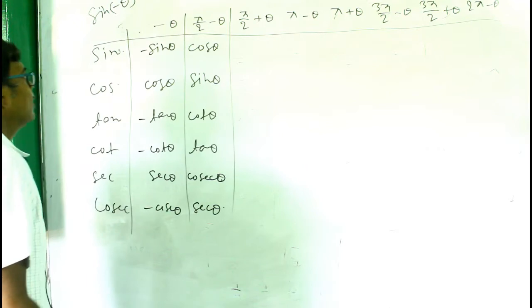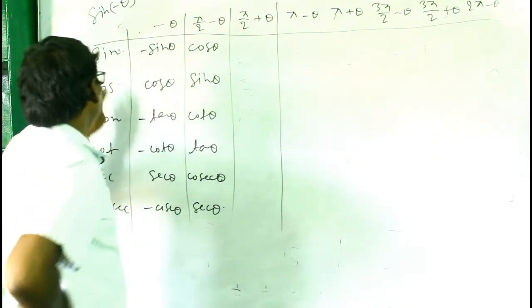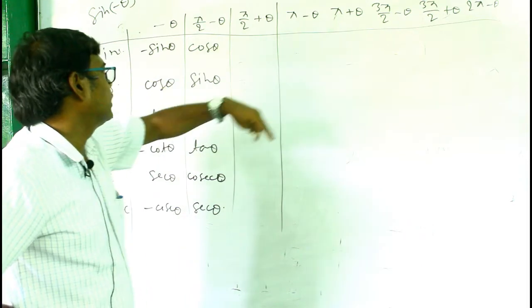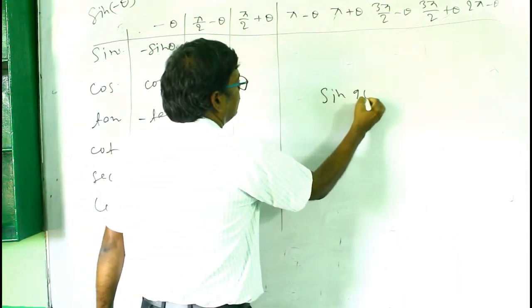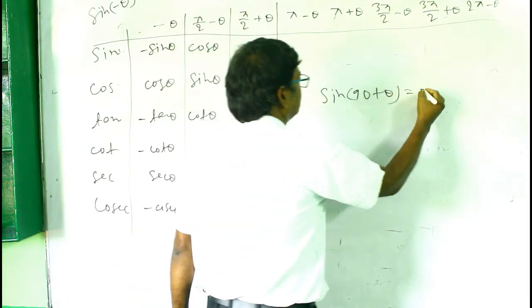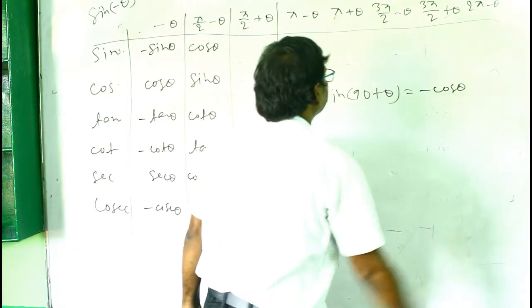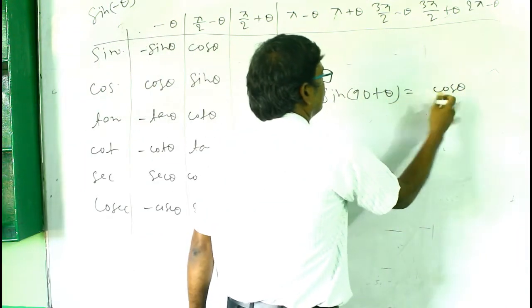Okay. Next, now if you take now here sin pi by 2 plus theta, that is sin 90 plus theta. If you write like this, sin 90 plus theta equal to what? Here it will not be minus, it will be plus cos theta. Okay, cos theta.